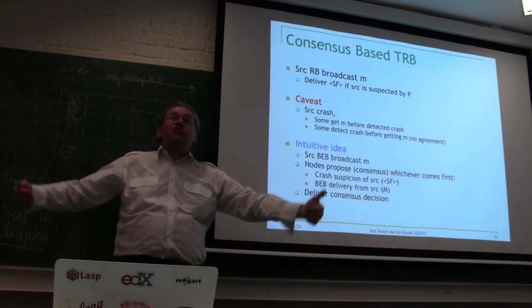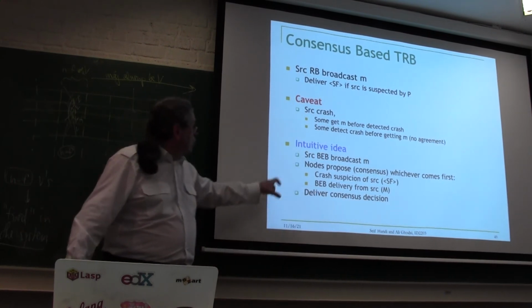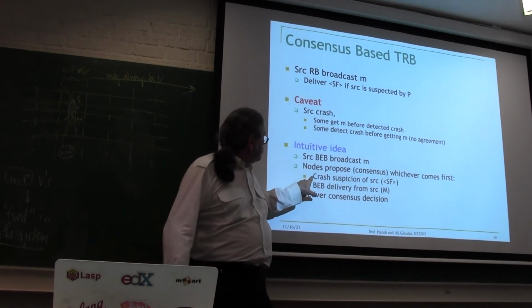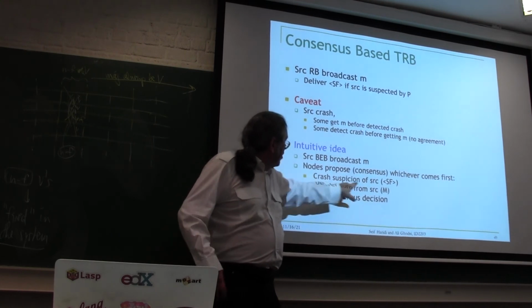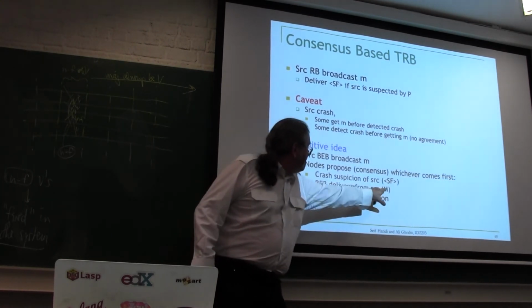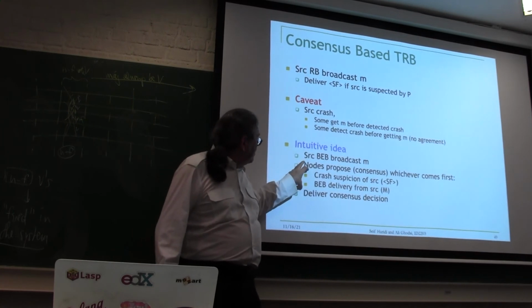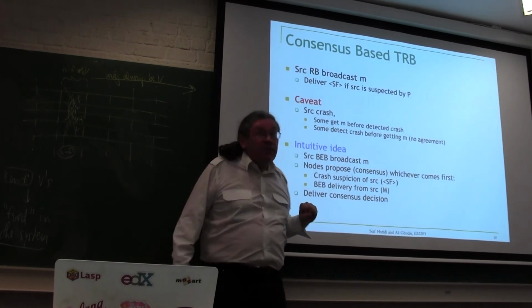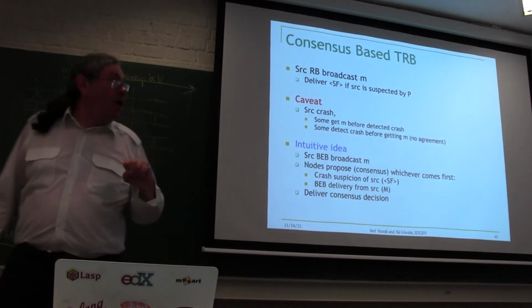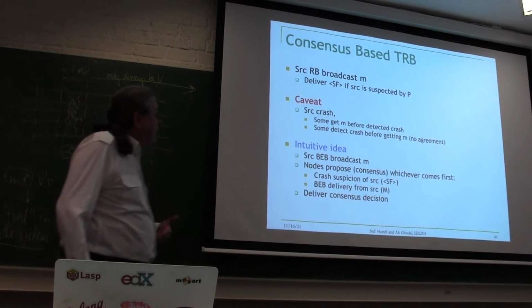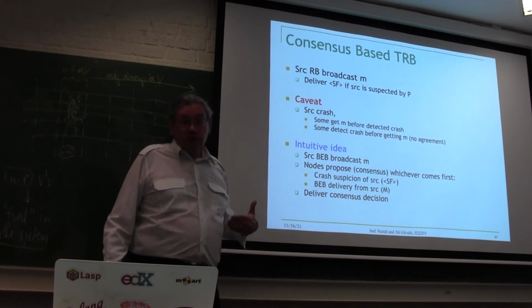It has decision by all nodes. So we're going to use consensus. All nodes will propose either SF or M, and you will deliver the decision of the consensus. In that way, all nodes will for sure get a message. Okay.